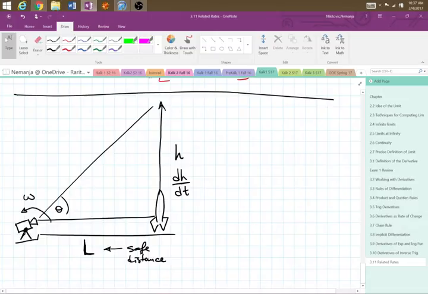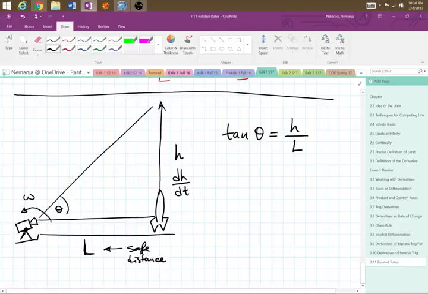If you look at this, tangent theta is equal to opposite over adjacent, so height over L. L is a constant. It's a safe distance. 500 feet, 1,000 feet, right? So you put the camera at a finite distance. I could put the number there, but we want that to be the minimum safe way.